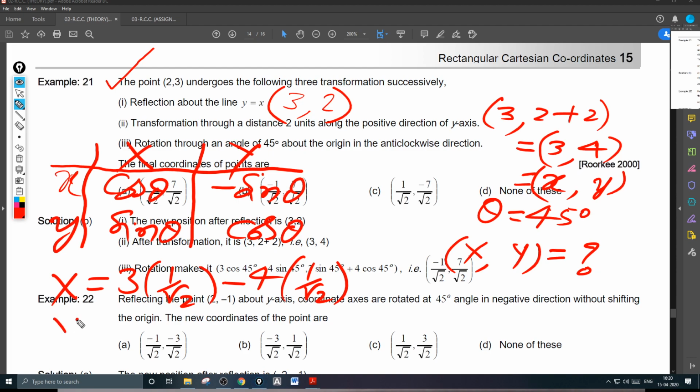And capital Y is minus x sin theta, minus 3 into 1 by root 2, plus 4 into 1 by root 2.